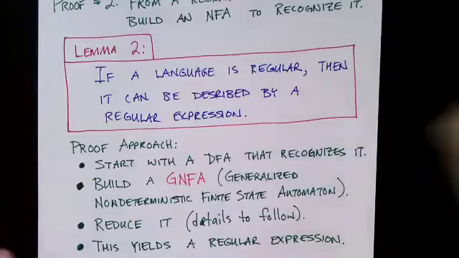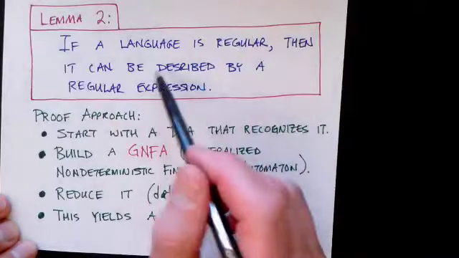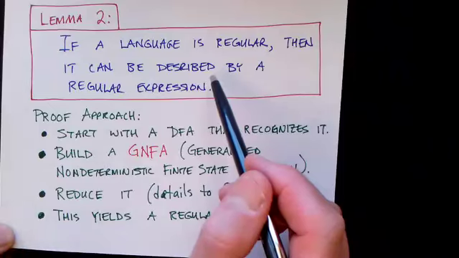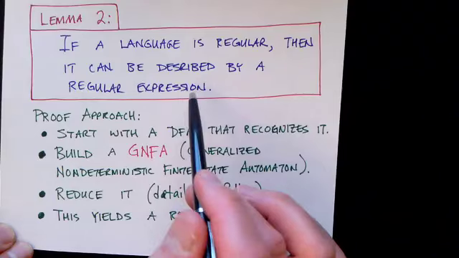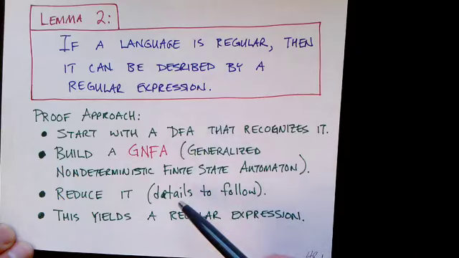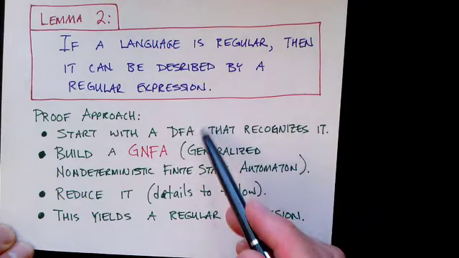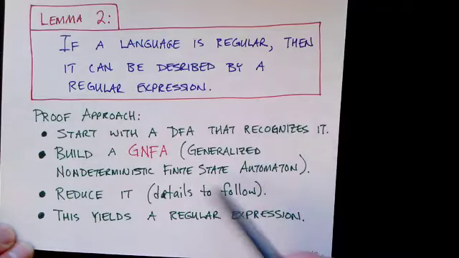Now, the second part of this proof, the other direction, that if a language is regular, then it can be described by a regular expression, is more complex. So I'll give the outline of this part of the proof, and then subsequently, after I deal with lemma 1, we'll come back to this and look at it in more detail.